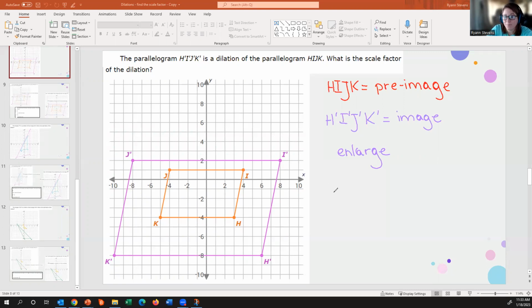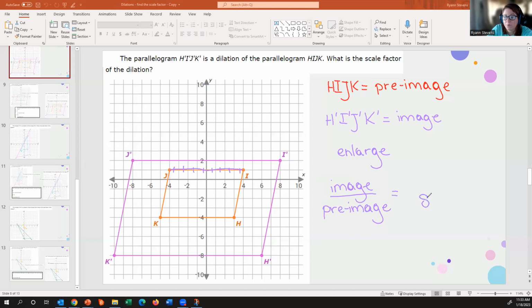So we're going to set up our ratio. Remember, the number for the image is in the numerator, the number for the pre-image is in the denominator. So I'm going to pick a side. I'm just going to go with this side here, JI. This is part of my pre-image that I just highlighted. So 1, 2, 3, 4, 5, 6, 7, 8.